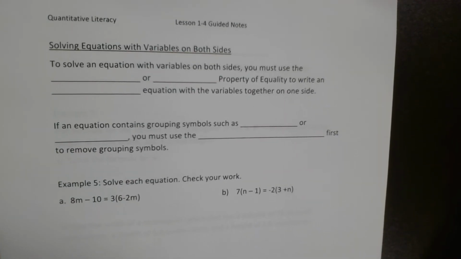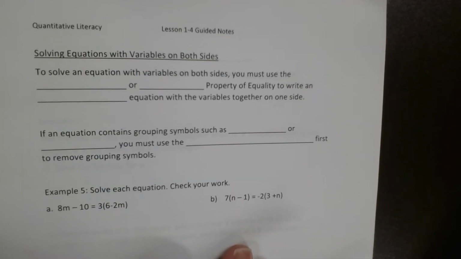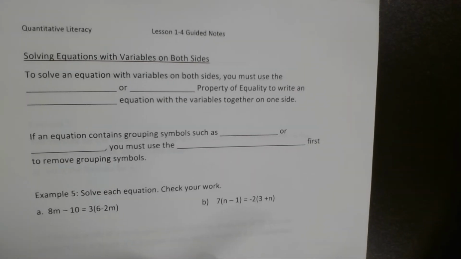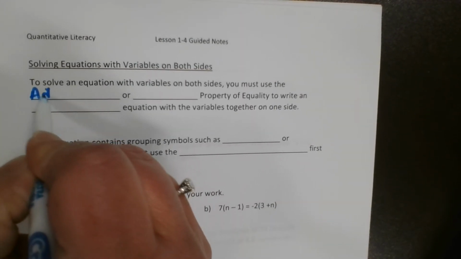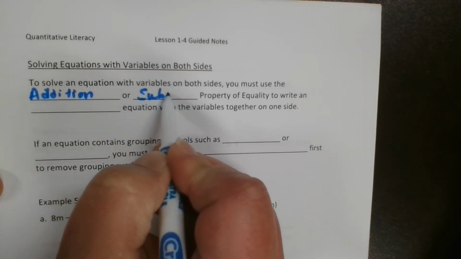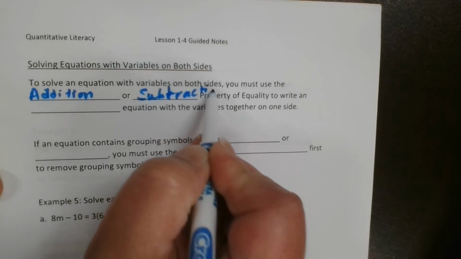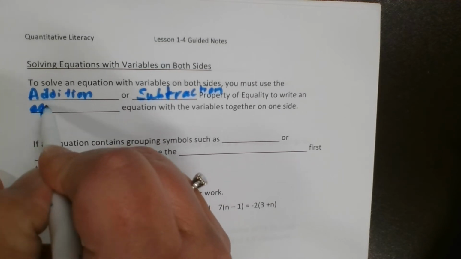So, you know that to do this, we must use the addition or subtraction property to write an equivalent equation, so that we put all the variables together on one side. Get everything on one side, which is an equivalent equation.